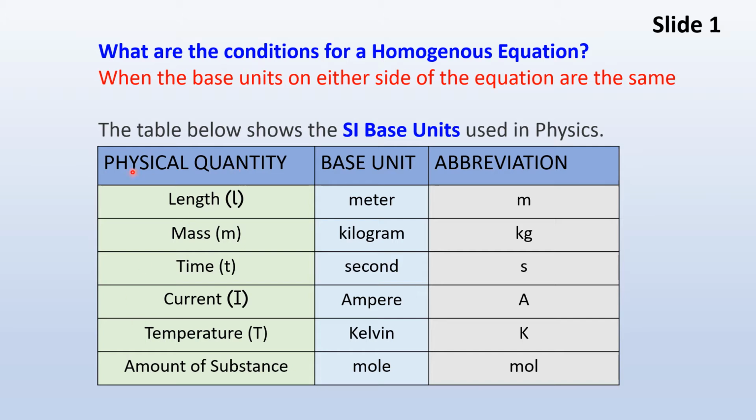Here we have as physical quantity, length, mass, time, current, temperature, and amount of substance. The base unit for length is meter, for mass kilograms, for time is second, for current is ampere, temperature is Kelvin, and amount of substance is mole.